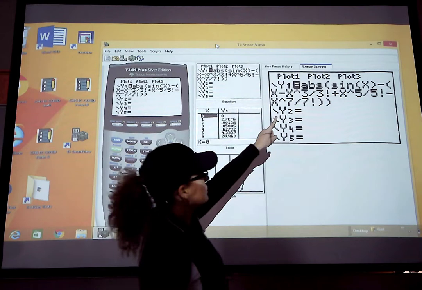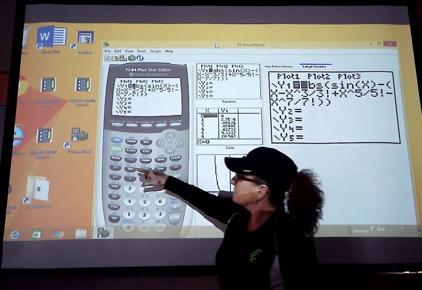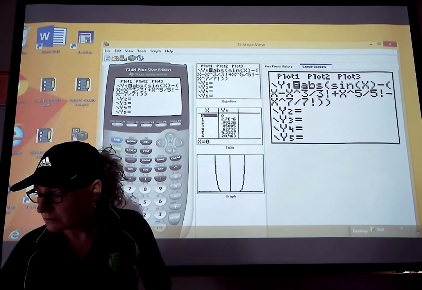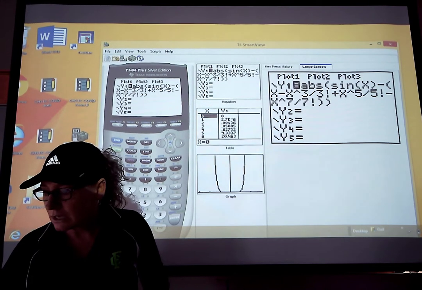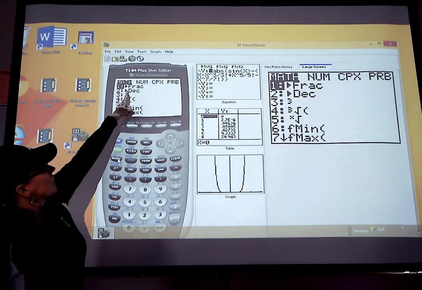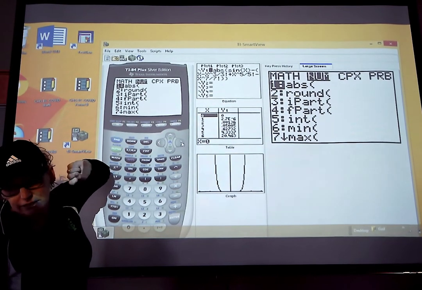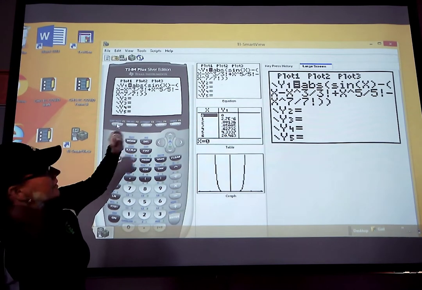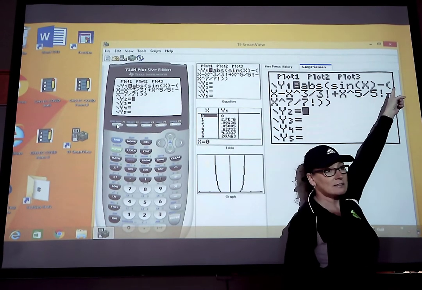So I've got absolute value, and do you know how to get to absolute value? You hit math. Let me go down here so I don't mess it up. If you want an absolute value, you go math, and then over 1, right there, and hit enter. All right, so absolute value. And then I did sine x, that's my original, minus parentheses.